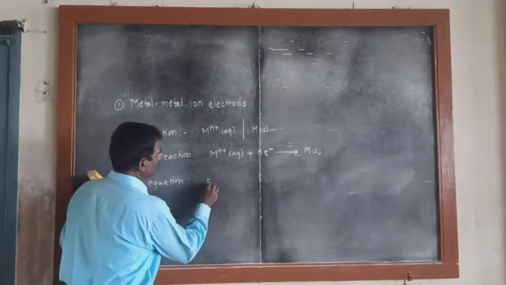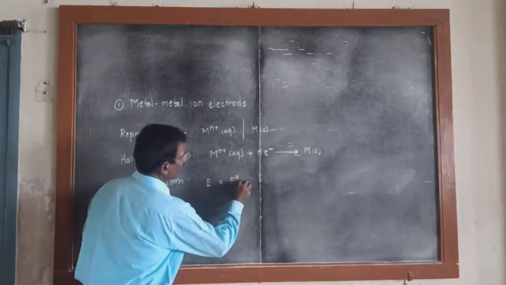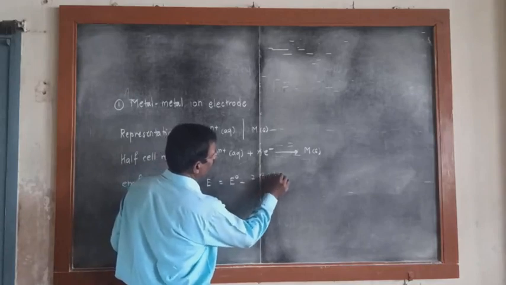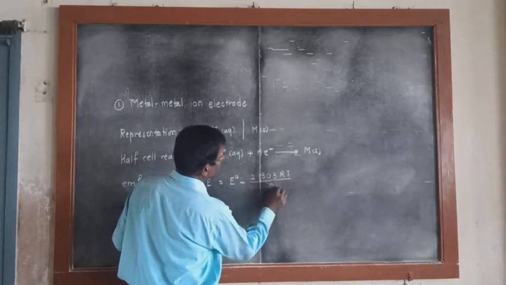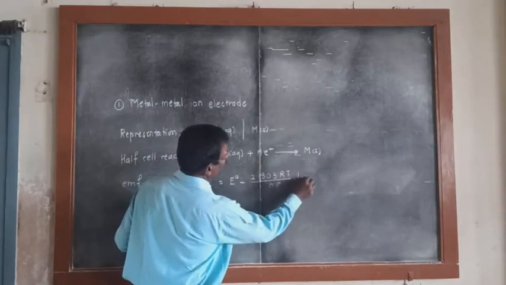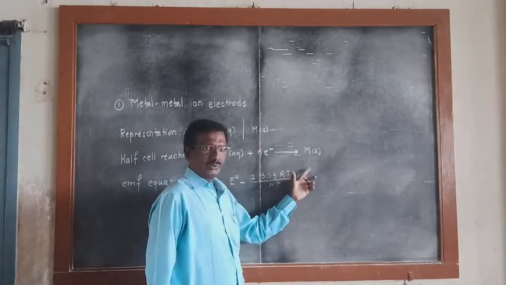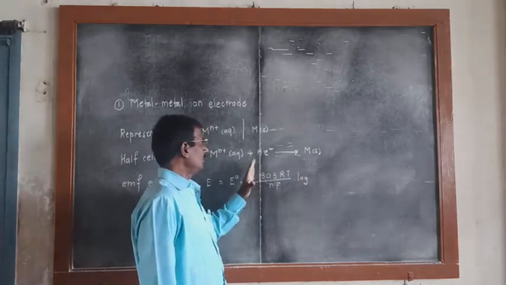That is, E is equal to E0 minus 2.303 RT upon nF into log of activity of reduced state upon activity of oxidized state.